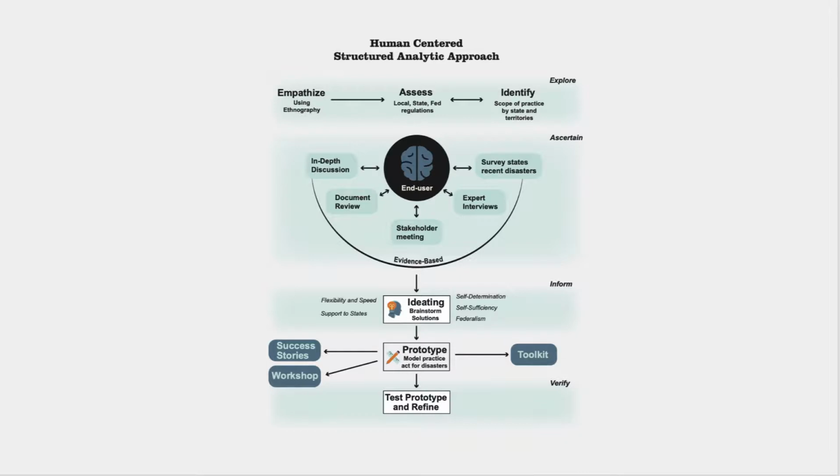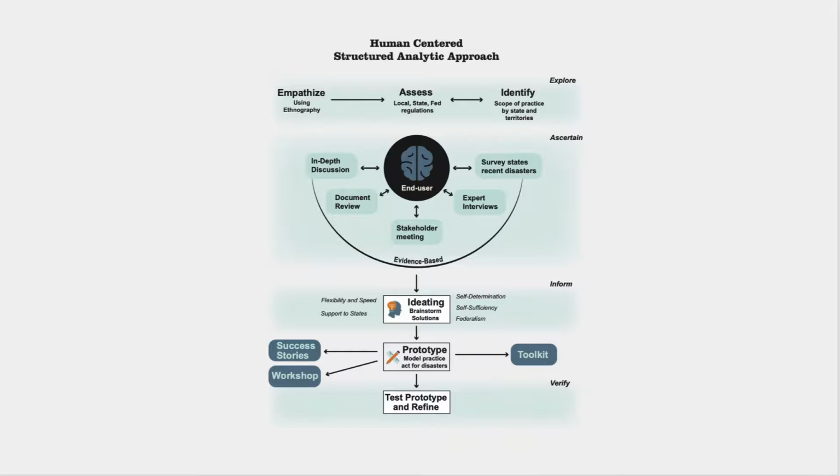We always started out this by trying to use an ethnographic approach because we wanted to understand the population we were working with. We then wanted to assess all local, state, and federal regulations, and then identify the scope of practice by states and territories. We called this exploring, so it was the first phase.